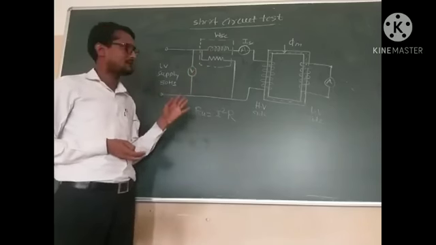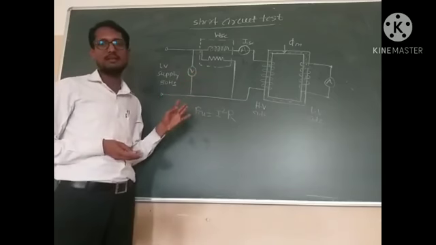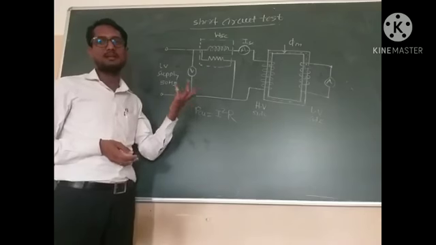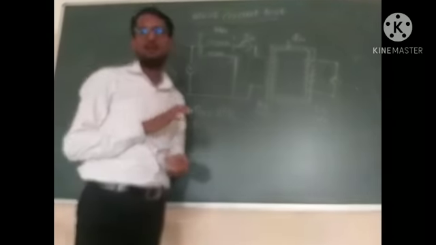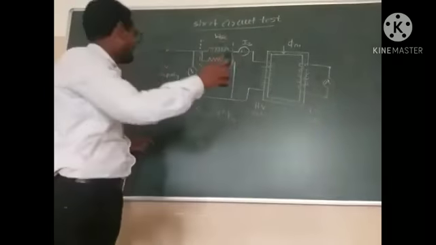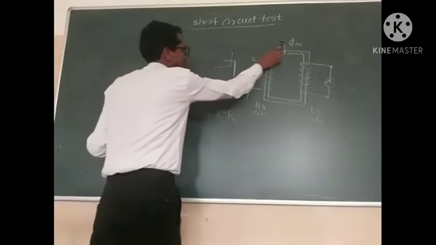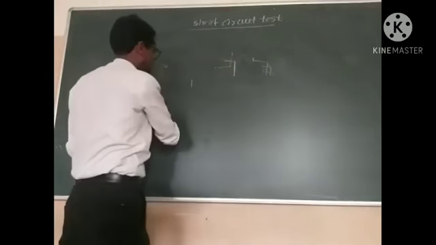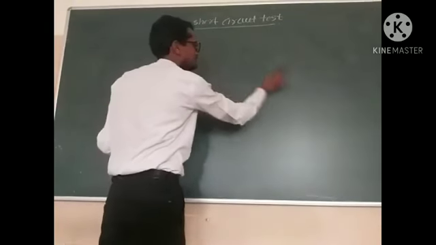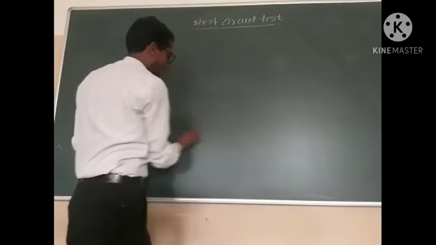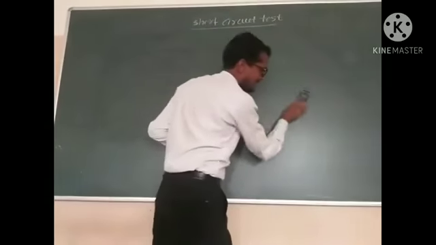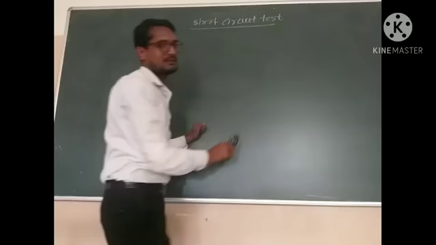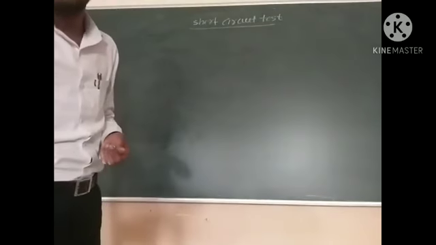So let's draw here the equivalent circuit, which shows us the equivalent circuit parameters and how to calculate them. Now I will draw the equivalent circuit referred to the primary as well as the secondary side of the transformer.